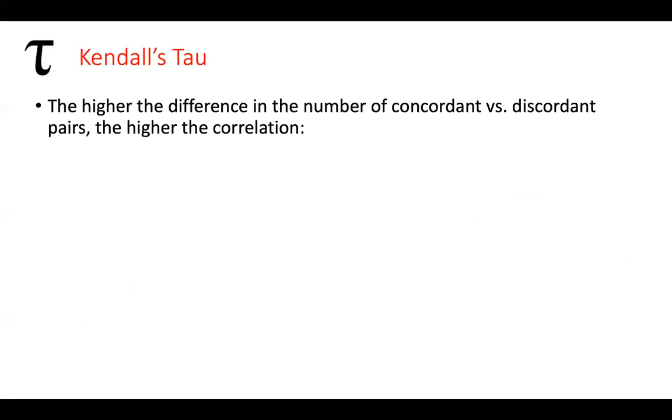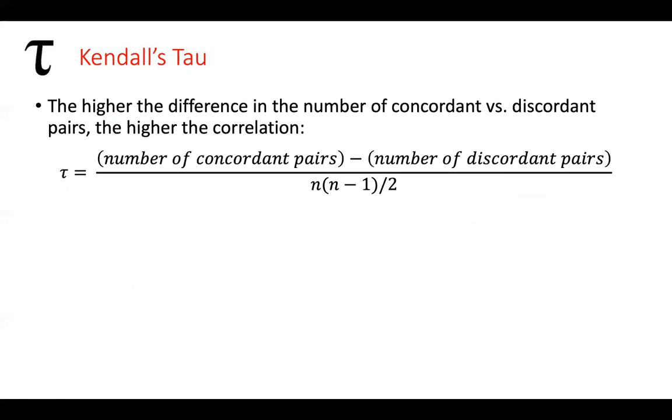And that is the entire logic behind Kendall's tau. It just looks at the difference in the number of concordant and discordant pairs. In the extreme cases, if we have a perfect positive correlation, all pairs are concordant and none will be discordant.